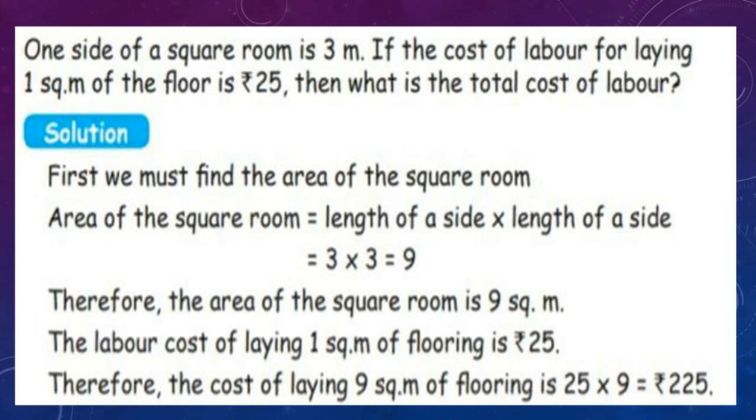That means we have rupees 25. Now 25 into 9, that means 9 25s are equal to 225. So the answer we got is 225 rupees. So the total labor cost is 225 rupees.